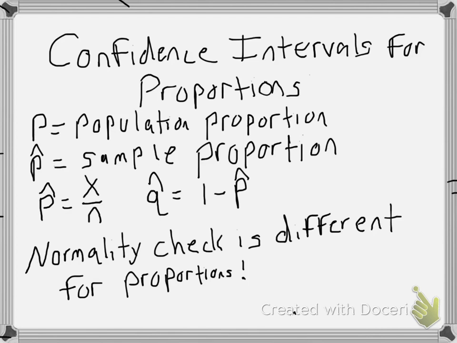The second condition is independence, and the third condition is normality. And the difference with the population, with proportion, normality, I'll go over with you when we get to it. So let's go ahead and clear off this screen and talk a little bit about what's next.